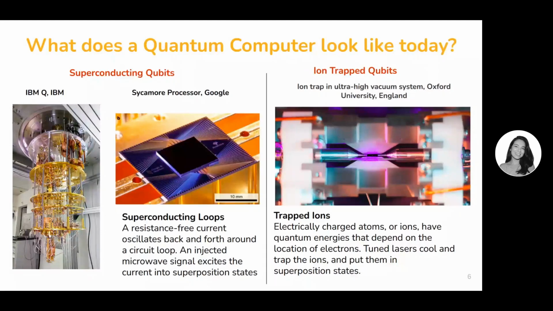One of the most famous companies to work on superconducting qubits are Google and IBM. And this is one of the most advanced technologies as of today to create qubits. But it's not the only one. There's also a very good candidate to create qubits, which are ions. Trapped ions specifically are controlled using lasers.